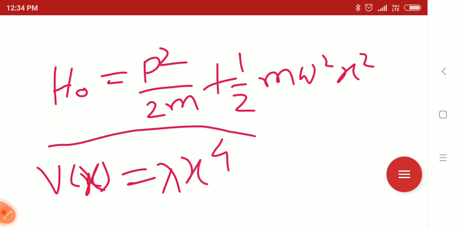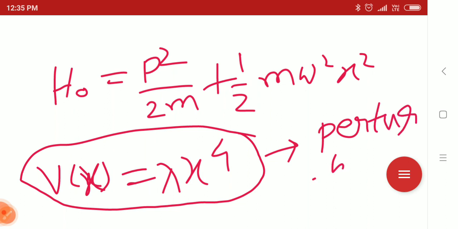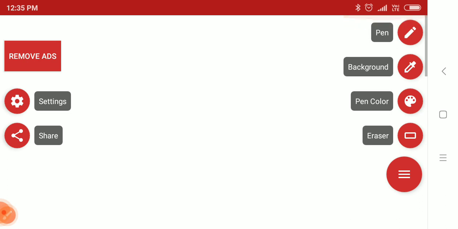Whenever we calculate the energy correction, we have to take the expectation of this perturbing potential. That's the key thing here.